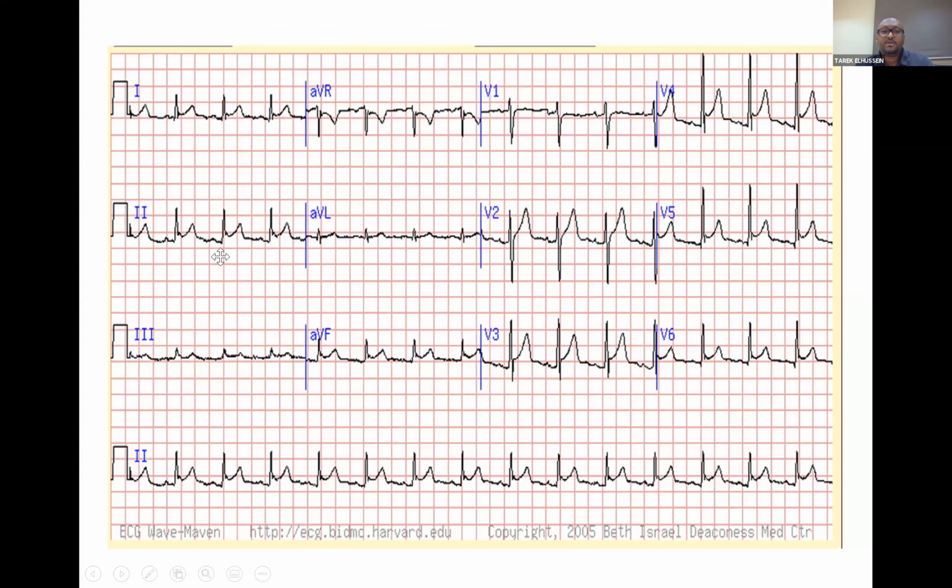So it's more of a diffuse PR depression. And the only thing again is this PR elevation that I see in AVR. So diffuse ST elevation, it's smiling upward with upward concavity. Short QT, diffuse PR depression with PR elevation in AVR. So this is a classic case of pericarditis with sinus tachycardia.